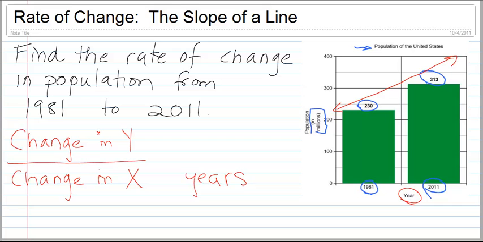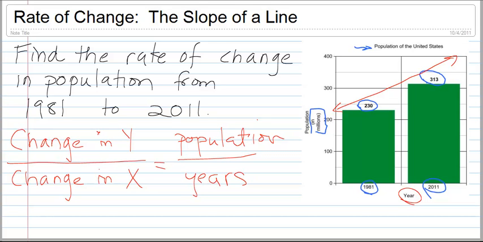So how are the years changing as it relates to how the population is changing? When we're doing a slope, we're always looking at a ratio of the change in the vertical or y value, as it relates to how the x or horizontal value changes. And we use x and y just because those are our common variables to be used for input and output.